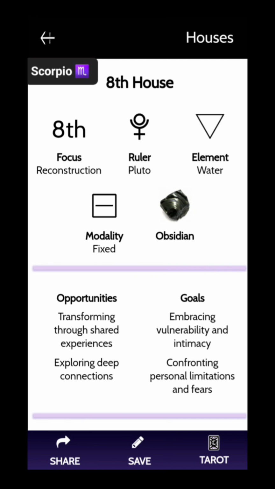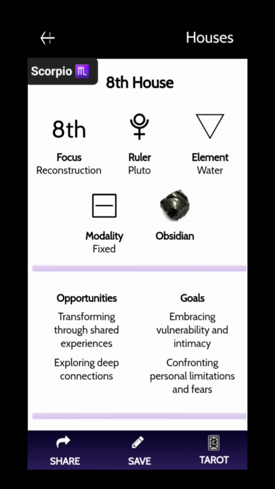It represents rebirth. It represents transformation. It also represents divorce, other people's resources, the taboo, the hidden knowledge or occult matters. It can also involve taxes, government, banking, and legal matters.